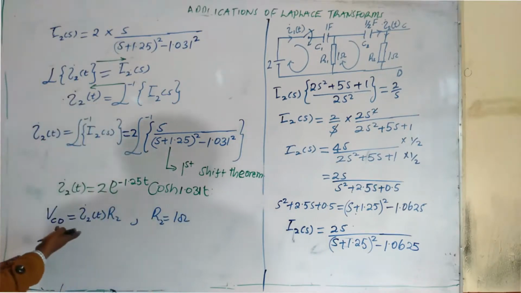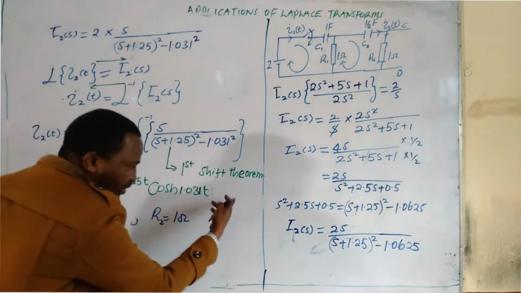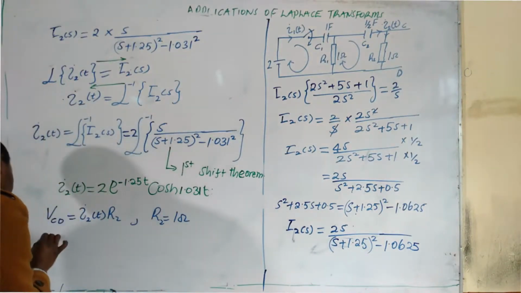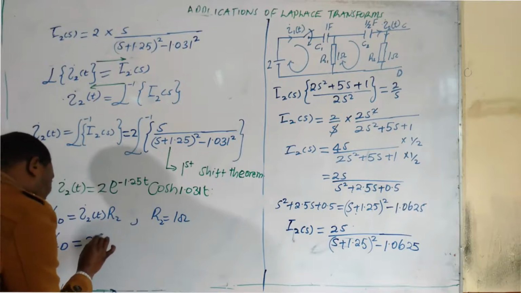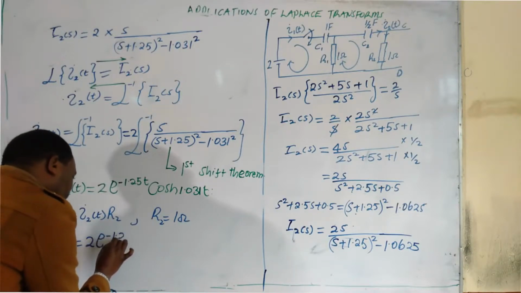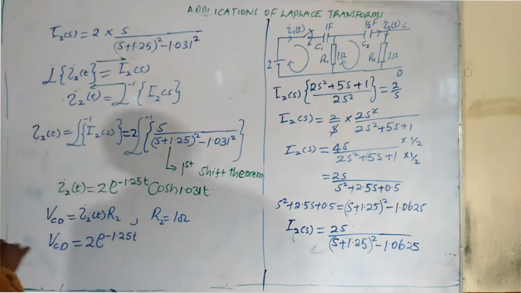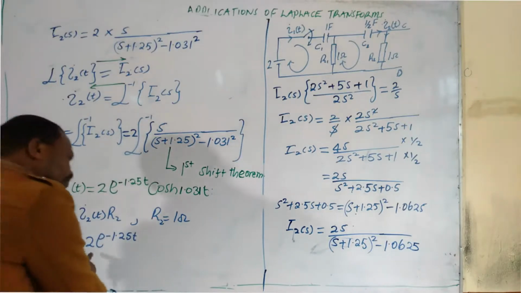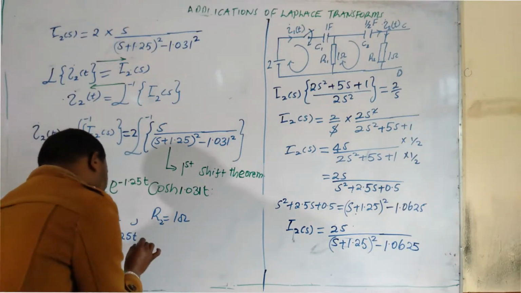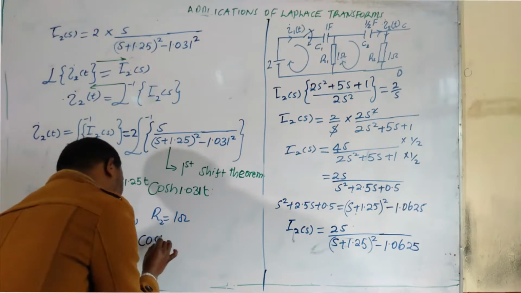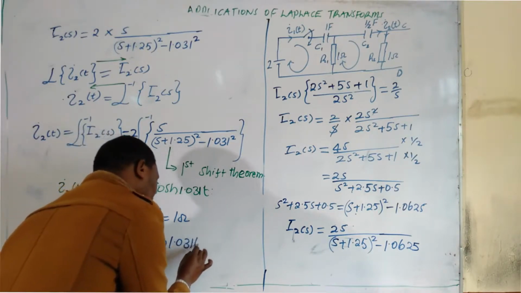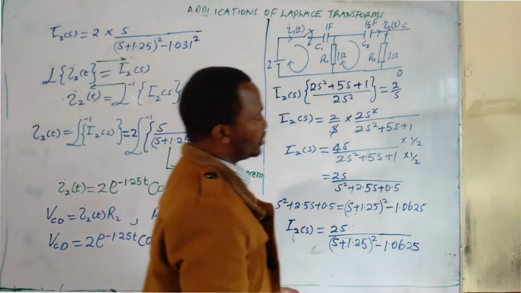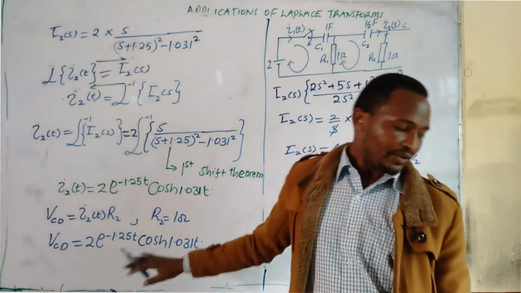So it's basically multiplying with 1. So we take all of this and multiply with 1. So VCD is equal to 2 exponential negative 1.25t multiplied by 1, it just made the same, cosh 1.031t. So now we are done with that.